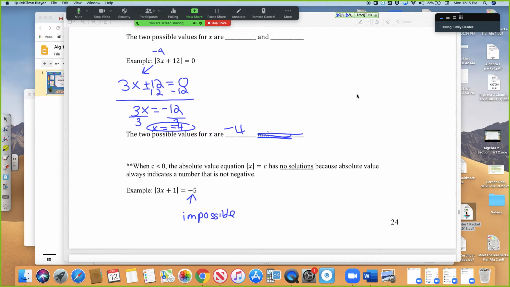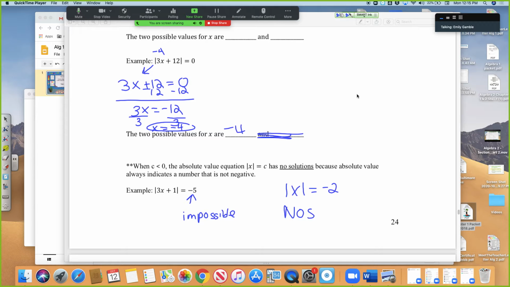It's impossible because an absolute value can never equal a negative number. If I make it simpler, like the absolute value of x equals negative 2, this is also impossible. An absolute value number can never equal negative because absolute value takes every number and turns it into a positive. So this is considered no solution.